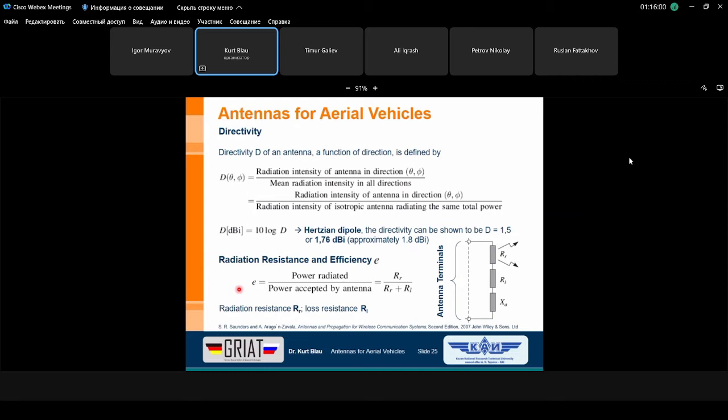This is not wished, and we can reduce it to a very low value, but not to zero. Because it's not zero, we have to speak about the efficiency.